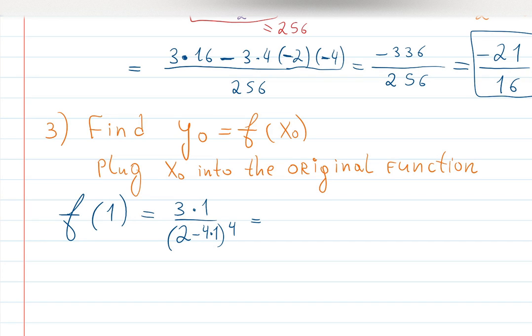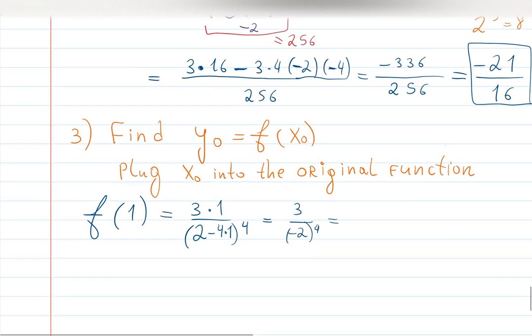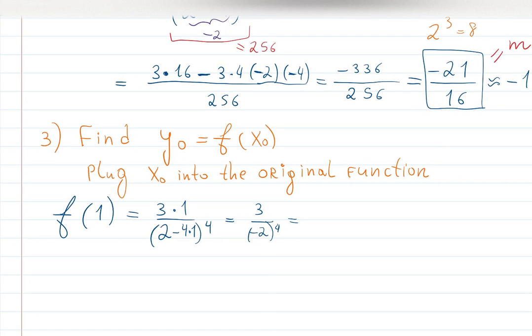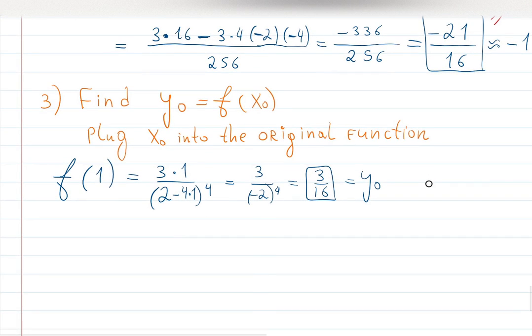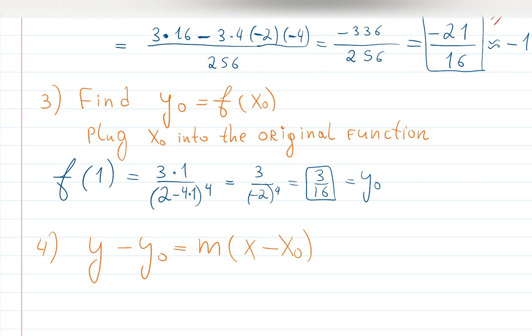That gives me 3 over 2 minus 4, it's negative 2 to the 4. This will give me a positive number, 3 over 16. And this is my y sub 0. Finally, almost the last step. We have the equation y minus y naught equals m times x minus x naught.